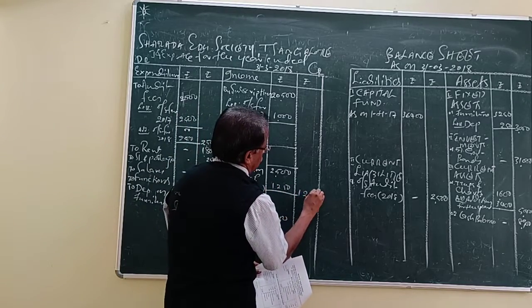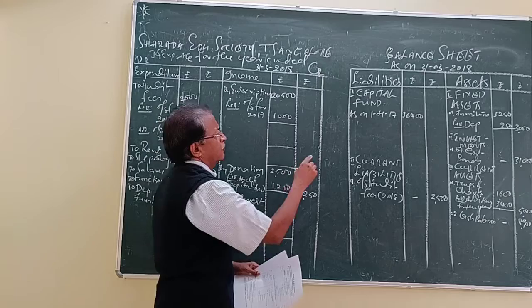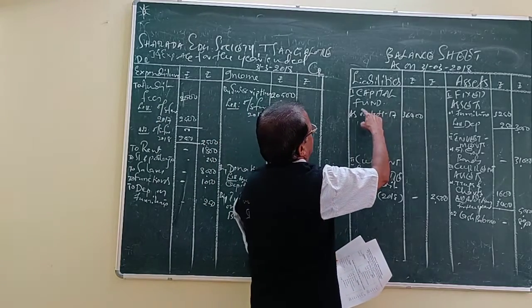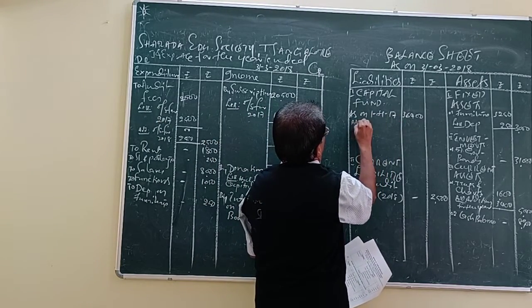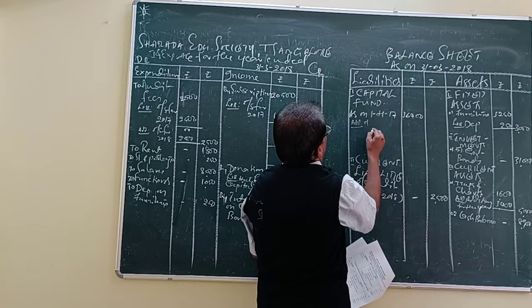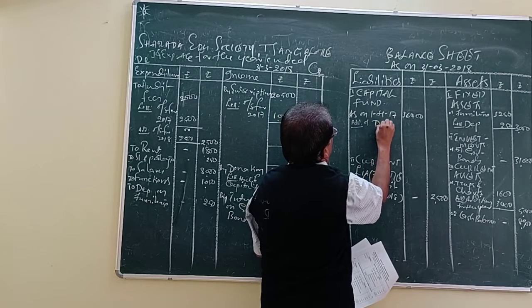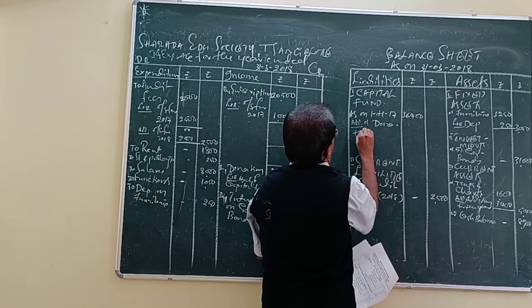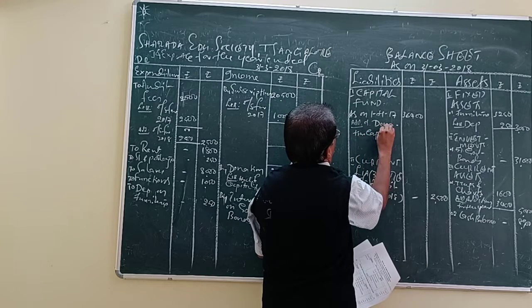Then outer column 1,250. This 1,250 will be shown in the balance sheet as addition to the capital fund. Add capital donation capitalized.